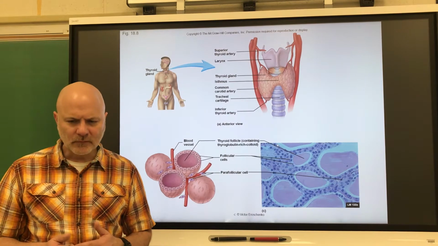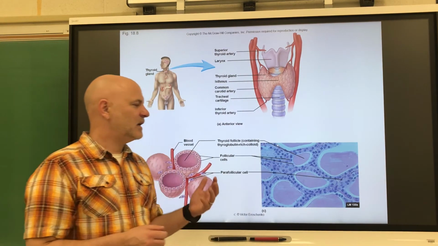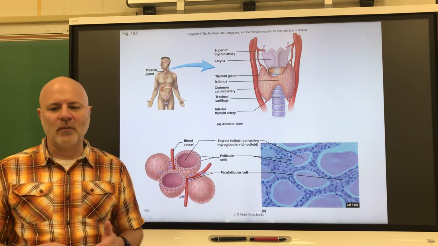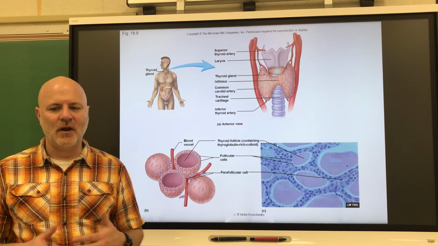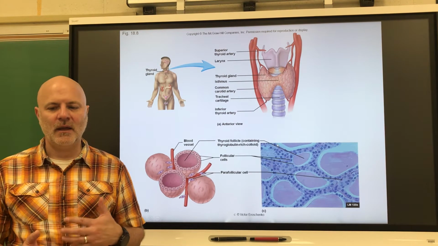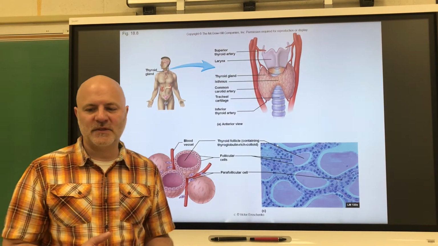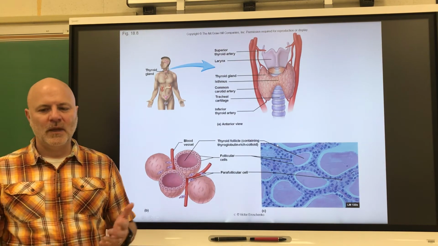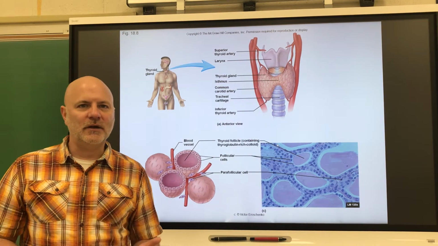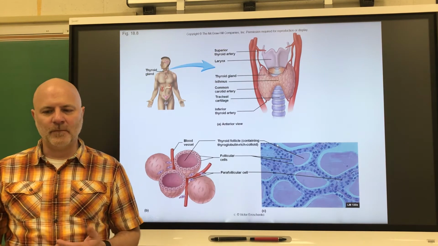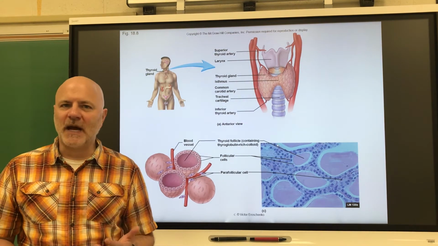The numbers there indicate the number of iodine atoms in those molecules. All right? So what it does is that thyroid hormone increases our basal metabolic rate, our metabolism, okay? It also stimulates enzymes concerned with glucose metabolism, and it also is a regulator of tissue growth and development. We can also produce body heat from this.